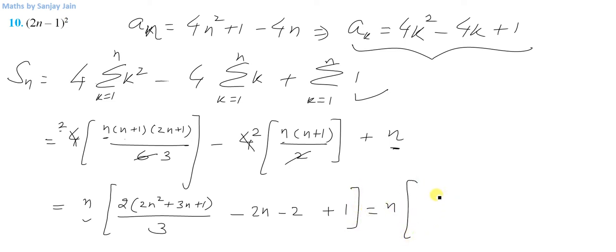Now the final step of simplification will give me 4n squared plus 6n plus 2 minus 6n, right? Because the LCM is 3, so I'll multiply these terms by 3. So minus 6n minus 6 plus 3 and the whole divided by 3.